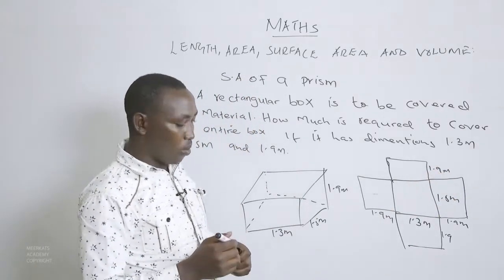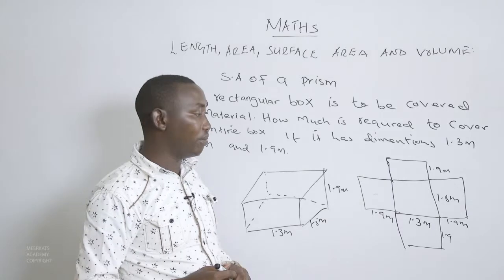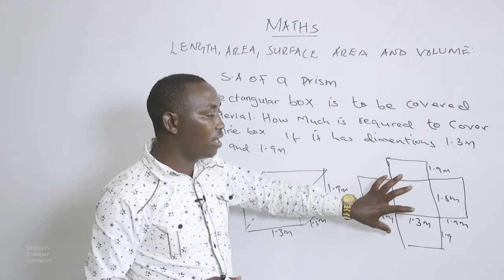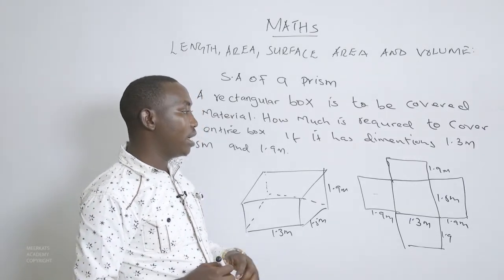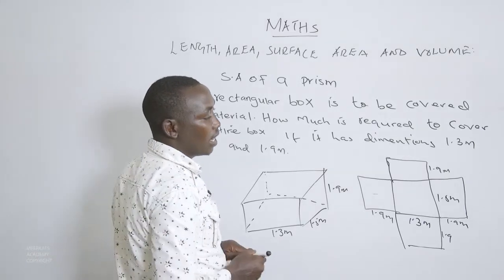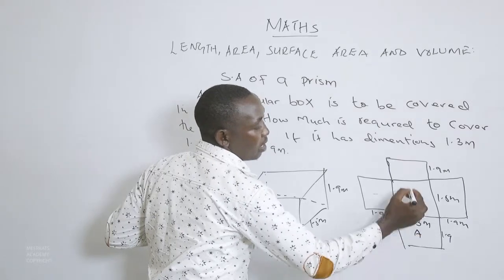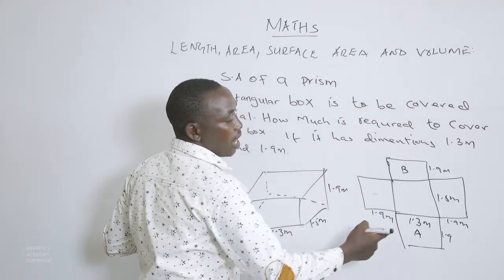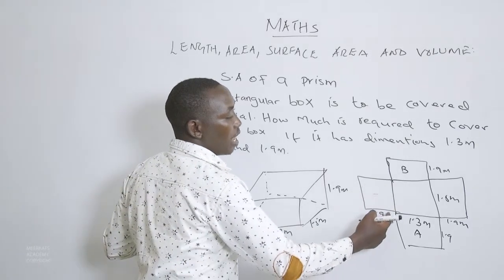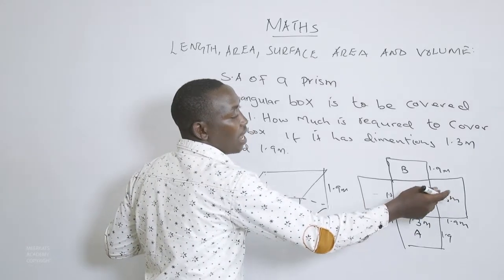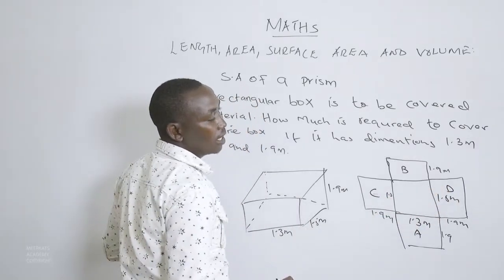Now we need to come up with the total surface area of this prism. We have deduced it into a net so that we can easily find the area. For us to get the area, you need to get the area of A and the area of B, and because they are going to be the same, we shall just multiply by 2. This one is 1.9 by 1.5, 1.5 by 1.9, so C and D will be the same again.